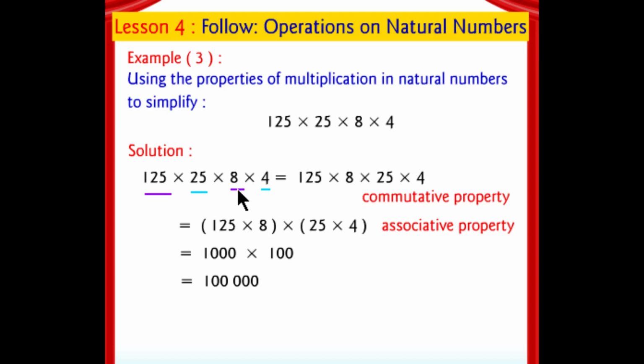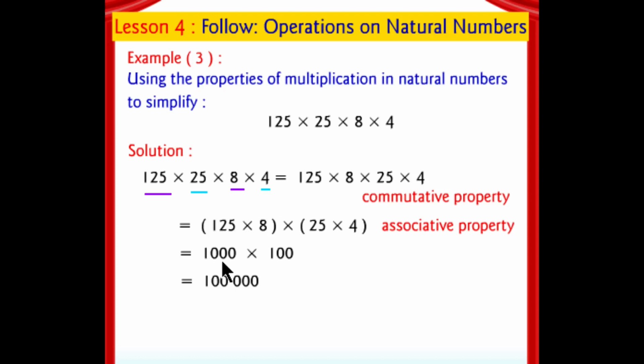Move 8 to be beside 125: 125 times 8 times 25 times 4. Commutative property. Write 125 times 8 between two brackets and 25 times 4 between two brackets. Associative property.